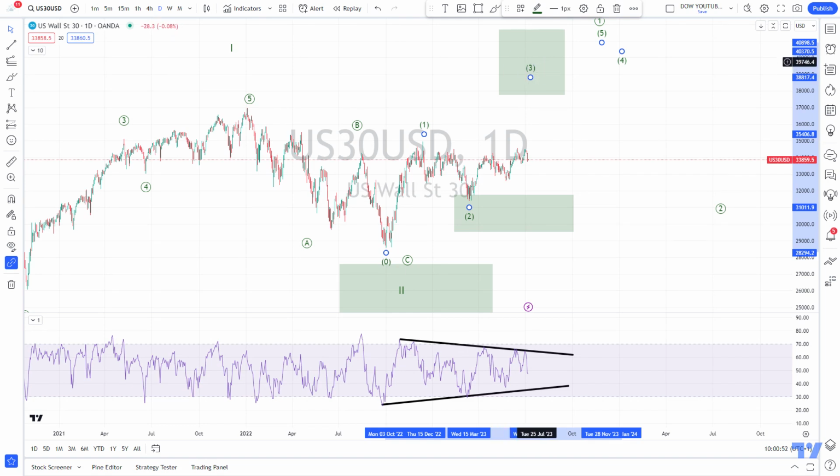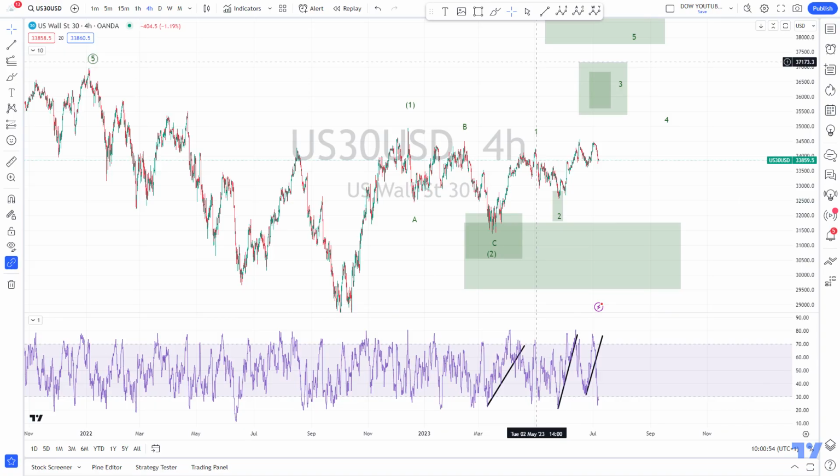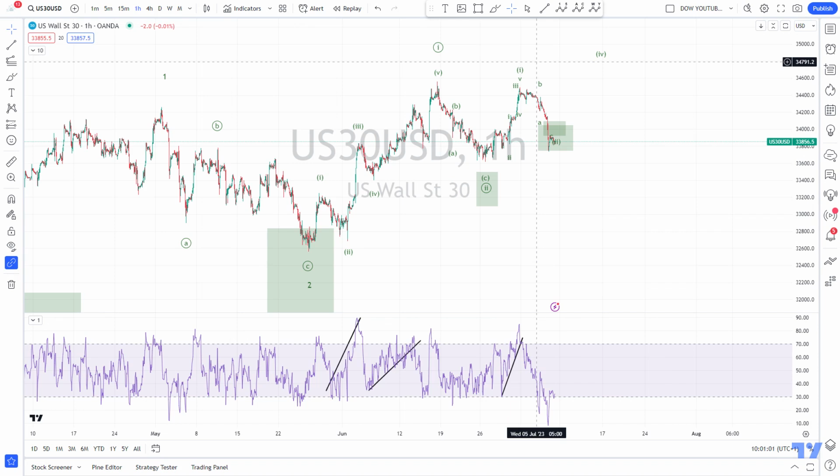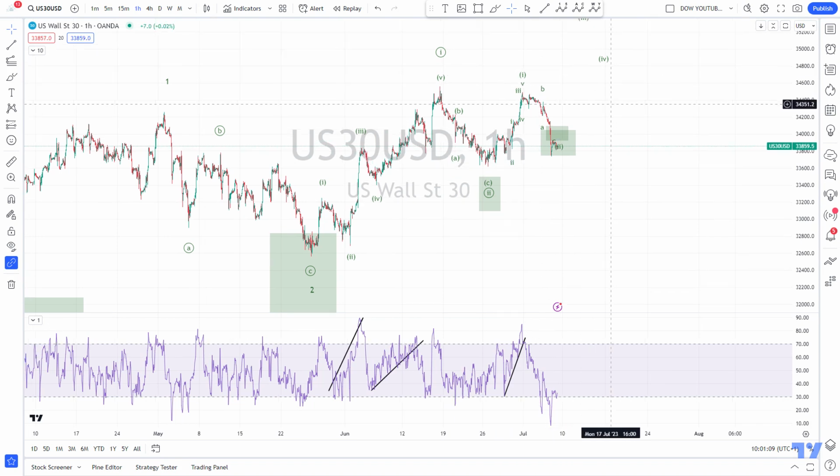Okay, then let's further zoom in. So I just discussed the 4 hour. Now we go really to the lower time frame, the 1 hour, the 15 minutes, which is actually meant for traders. So from this wave 2 low, I believe we had an impulse up here as a wave 1.